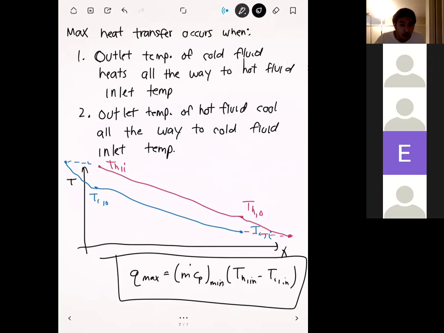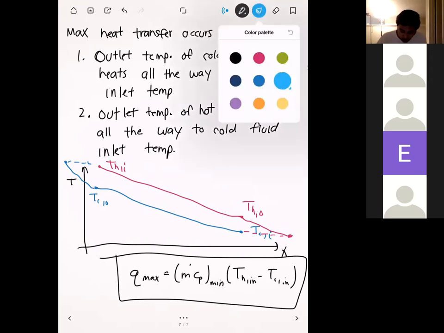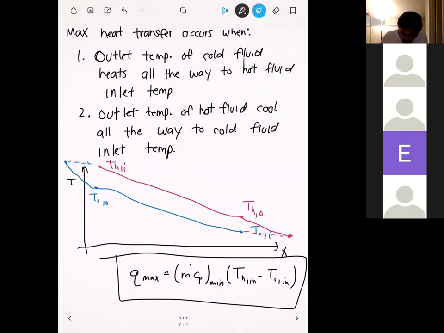That's how we compute the maximum heat transfer. The key component is this value right here. In order to find the maximum theoretical heat transfer, you need to take the mass flow rates of both fluids, multiply them by the specific heats of both fluids, find which one is minimum, and then multiply that quantity by the maximum temperature difference.